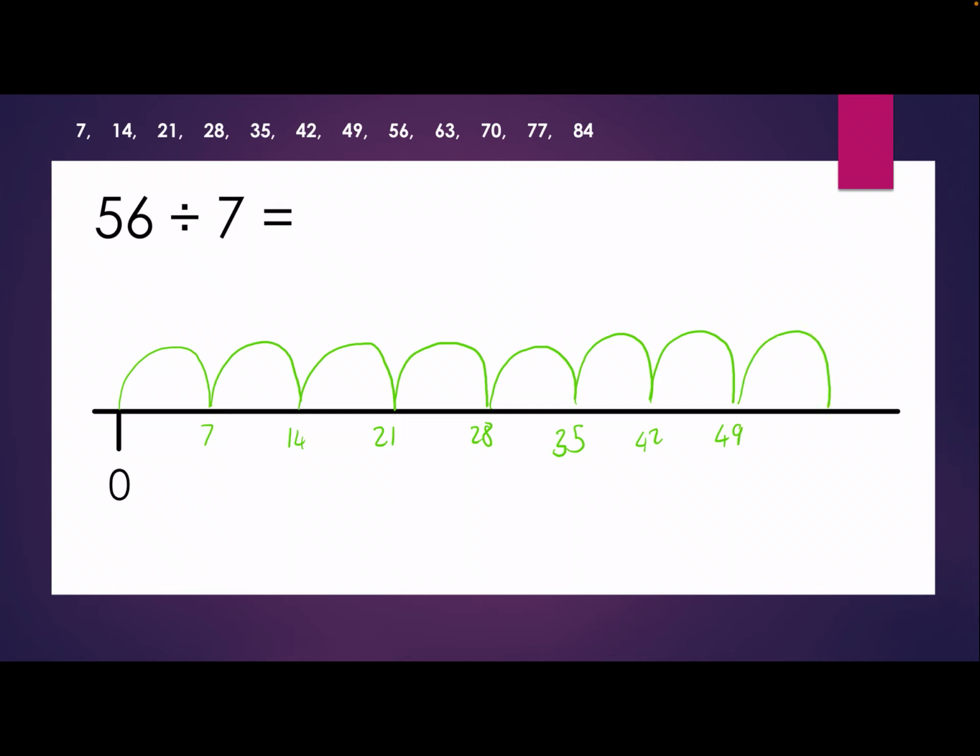And 8 jumps will get me to 56. 7, 14, 21, 28, 35, 42, 49, 56. And I did 8 jumps. 8 groups of 7.